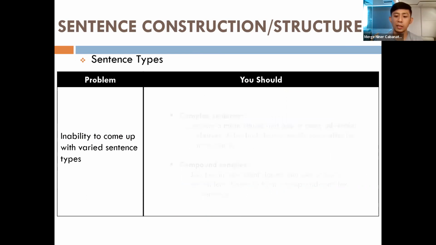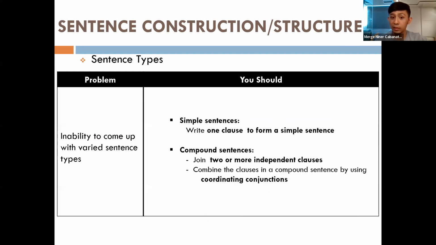Okay, so sentence types, we have simple sentence, one clause to form a simple sentence. So at the very basic, ang sentences po natin must contain subject, transitive verb, and a direct object.